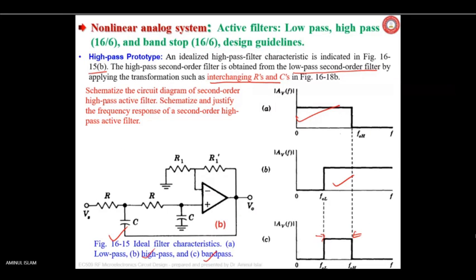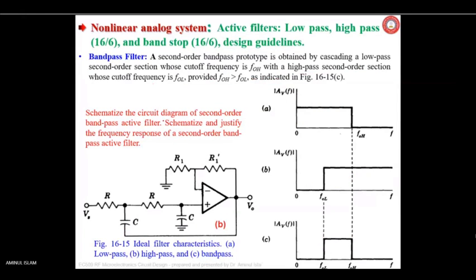So we'll see that a second order band pass prototype is obtained by cascading a low pass second order section whose cutoff frequency is FOH with a high pass second order section whose cutoff frequency is FOL. In this way you can make a band pass.